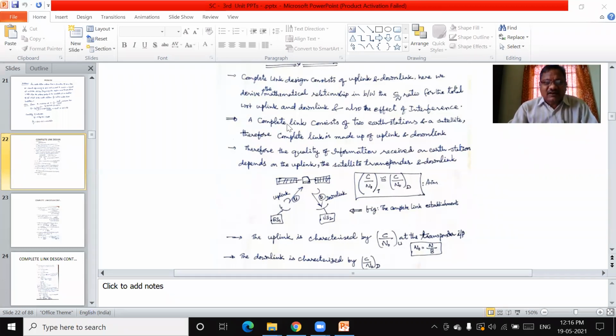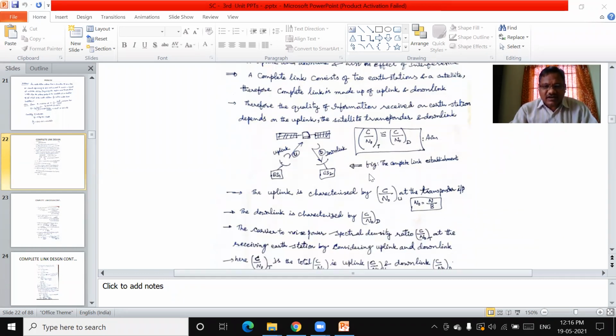So further, we have given two important points here. Number one, complete link design consists of 2 earth stations and 1 satellite. Number 2, the quality of the signal received at the earth station receiving antenna depends on the uplink signal, the satellite transponder, and also the downlink signal.